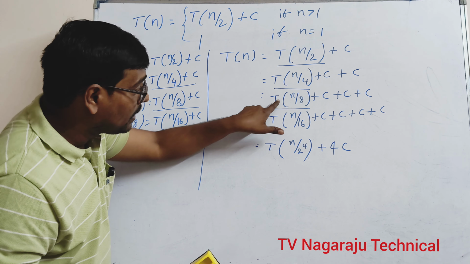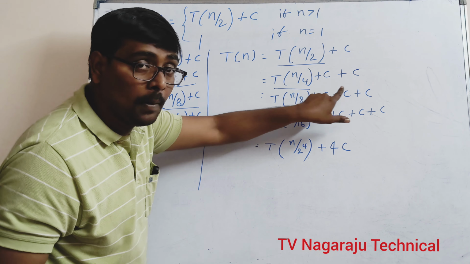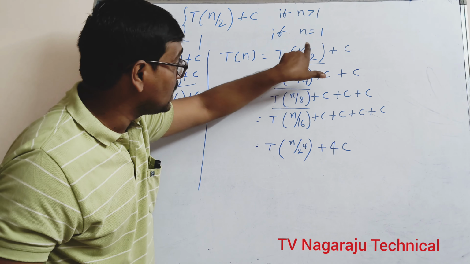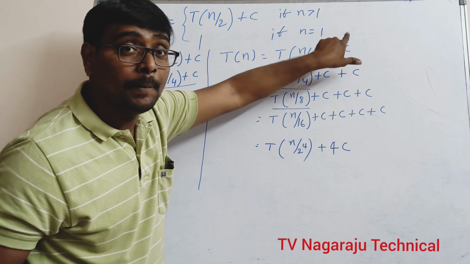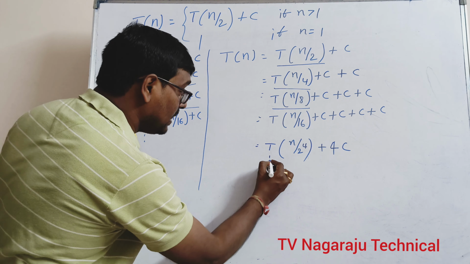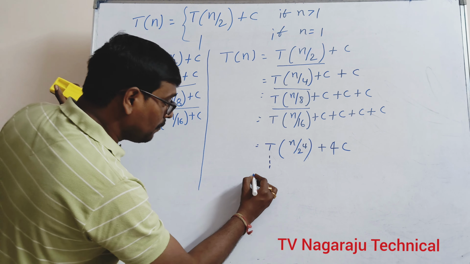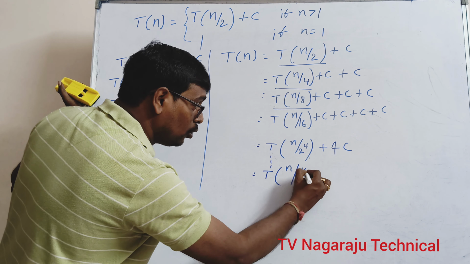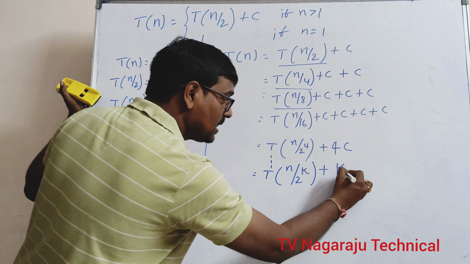If you observe, T of n by 2 cube plus 3c, n by 2 square plus 2c, n by 2 power 1 plus 1c. Like this, if I am repeating for k number of times, T of n by 2 power k plus kc.